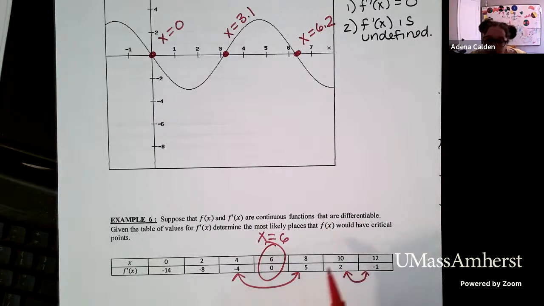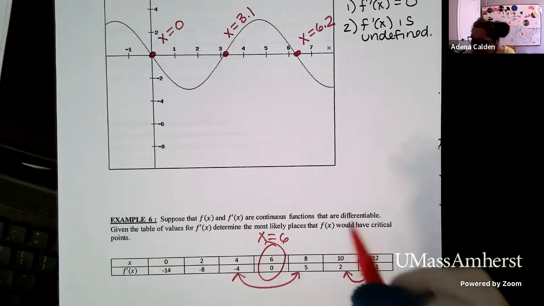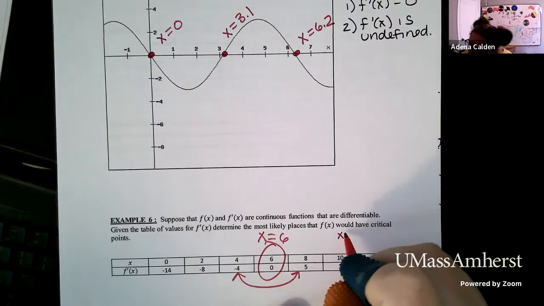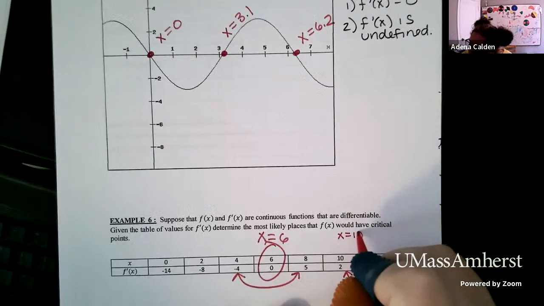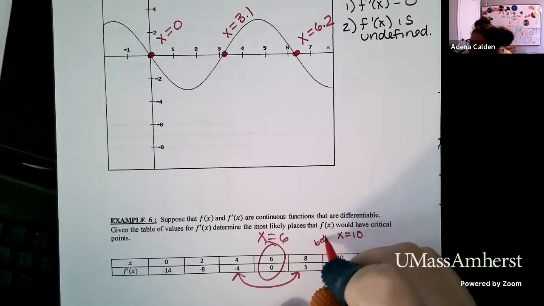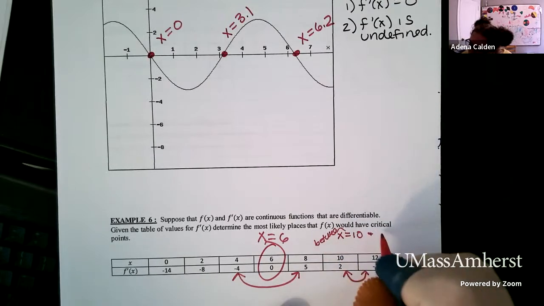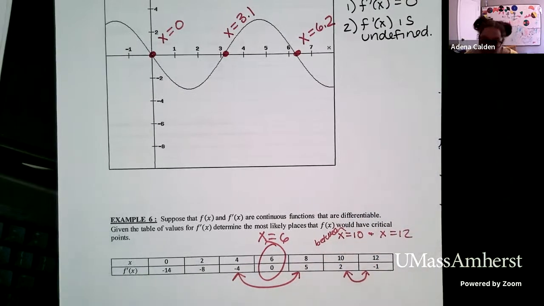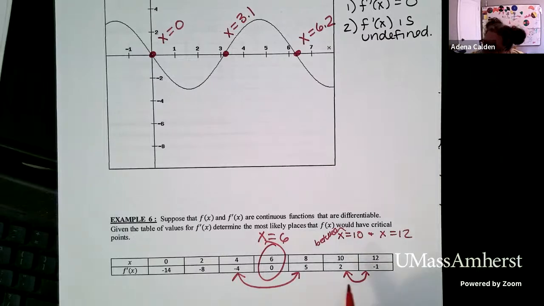In order for the derivative to go from +2 to -1, it has to cross through 0 if it's continuous. So that means we also have another critical point between x equals 10 and x equals 12. So somewhere between these two values, we have to cross through 0 again. So there's sort of this hidden critical point as well on this table. Okay, so that's a little tricky.